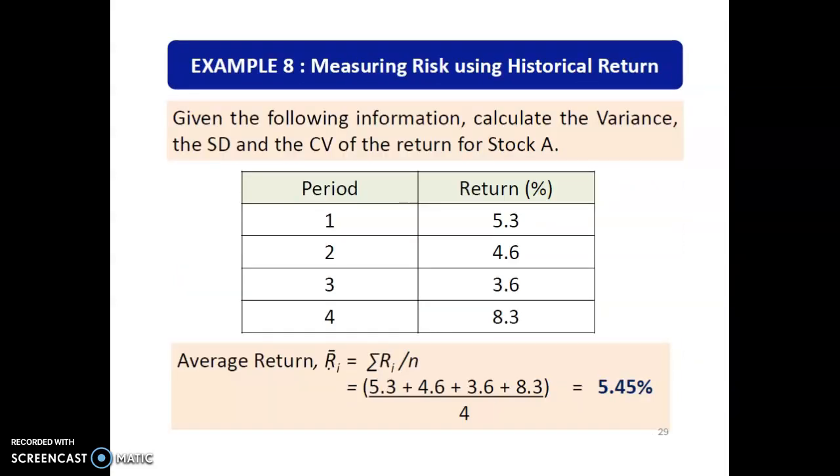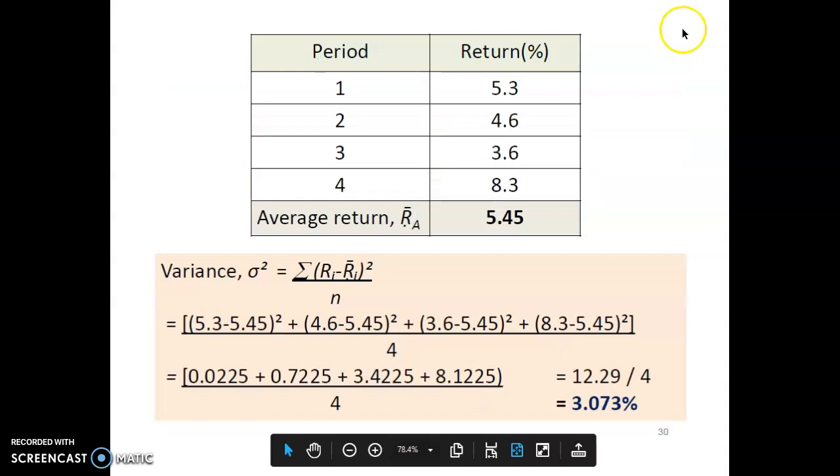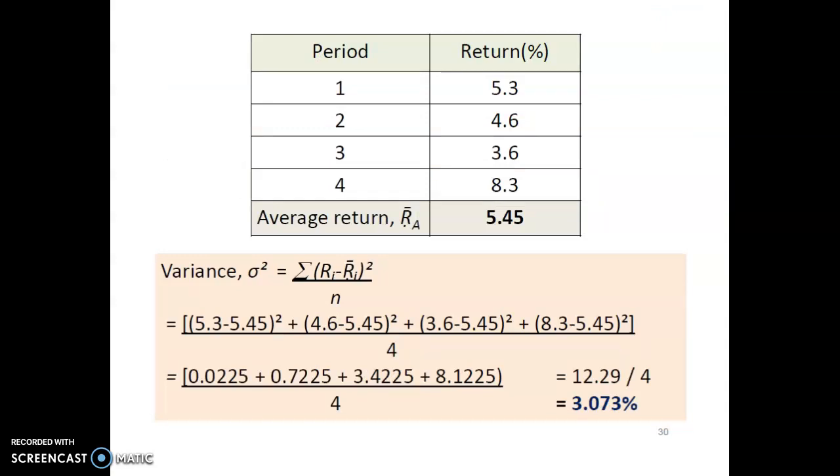So the example is like this. First step, you need to calculate the average return first. And then next you need to calculate the variance. So how to find the variance?